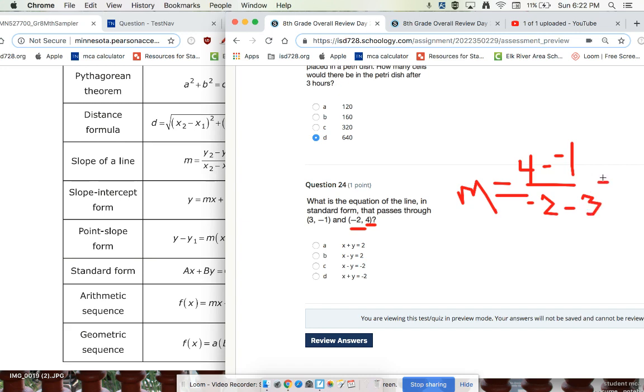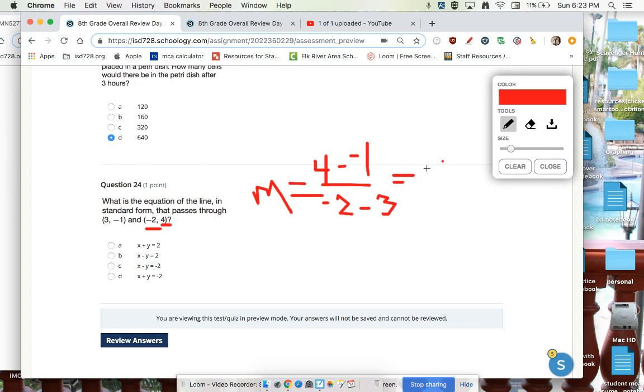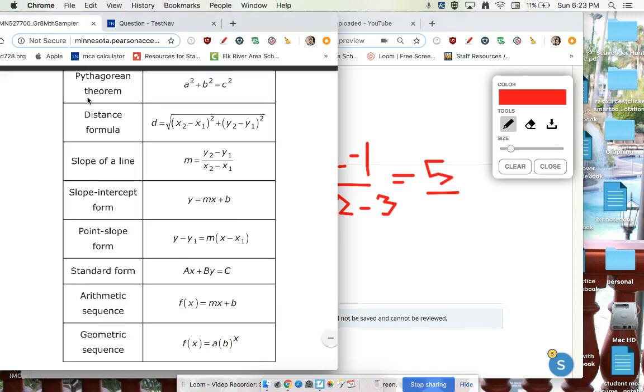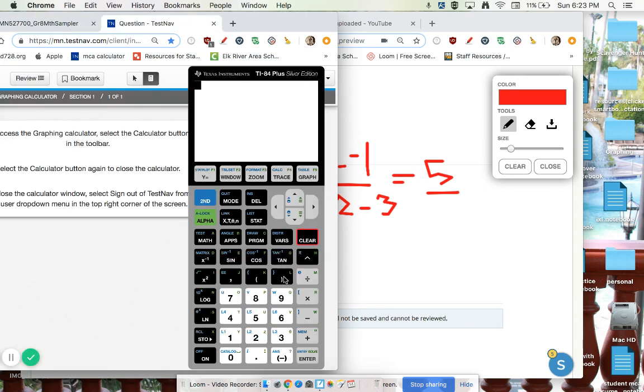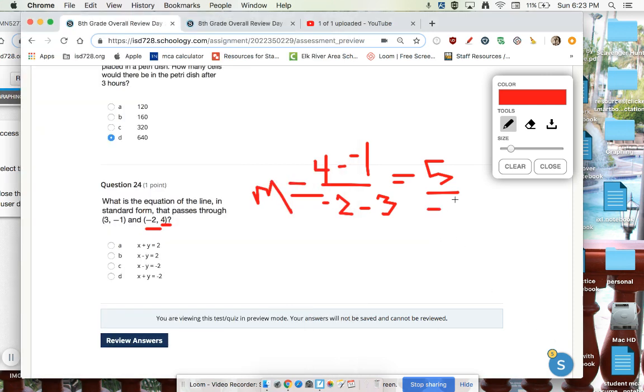Okay, and then I'm going to simplify that. That's a plus plus, so 4 plus 1 is 5. And then -2 minus 3, don't make integer mistakes. That's a plus a neg. -2 minus 3 is -5. So 5 over -5 is -1. Okay, so I figured out my slope.